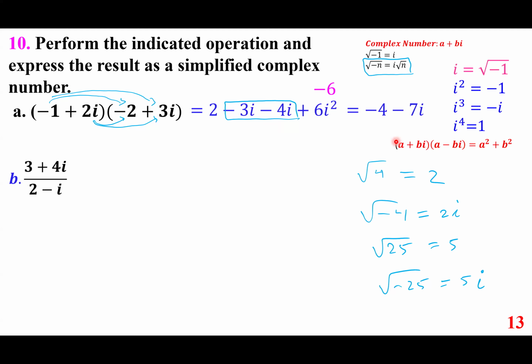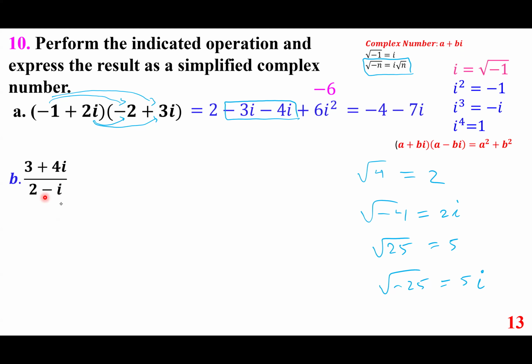So what is the process if they ask you to simplify, divide, or put it in standard form? It means the same thing. So you have to multiply by the conjugate of the denominator.